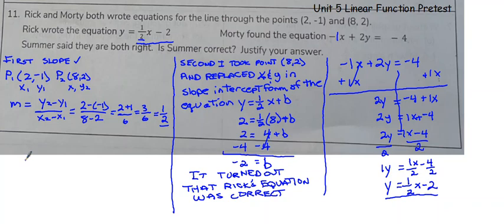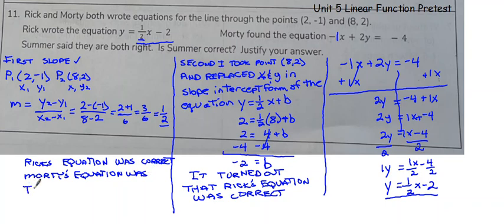So Rick's equation was correct. Morty's equation was the same as Rick's equation, just written in a different form.